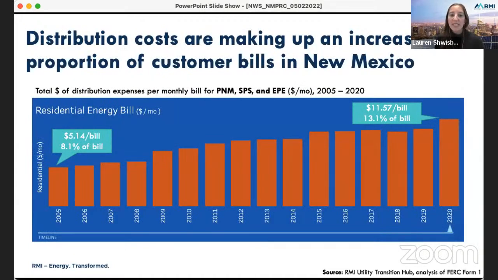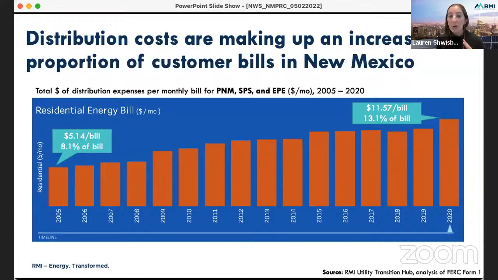So despite the fact that the costs are below the national average, I wanted to look at how they had changed over time. So here I'm showing just for New Mexico, the distribution costs between 2005 and today. And what we can see is that in 2005, they were making up about $5 on a residential bill, about 8% of the total costs.